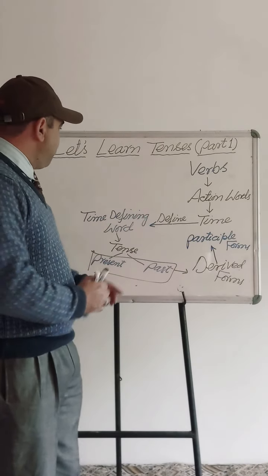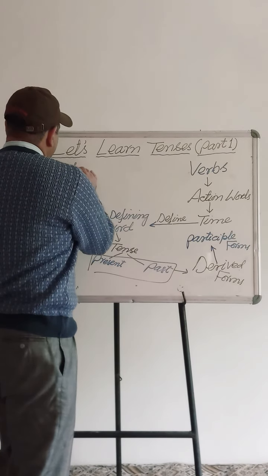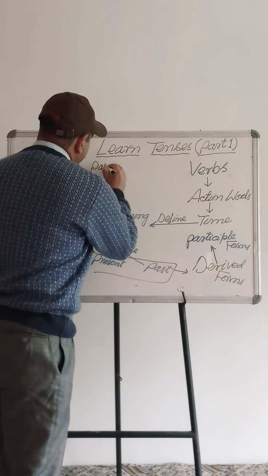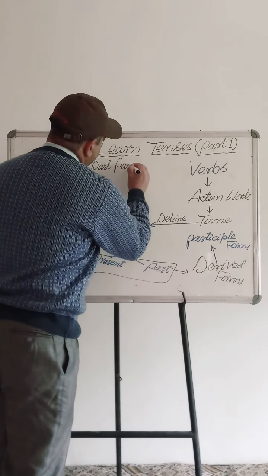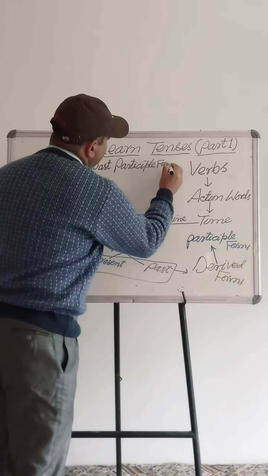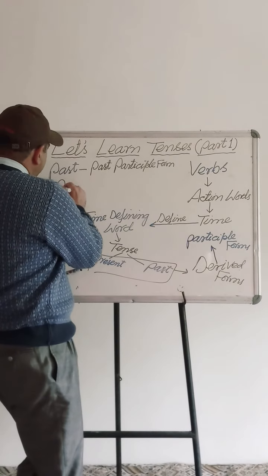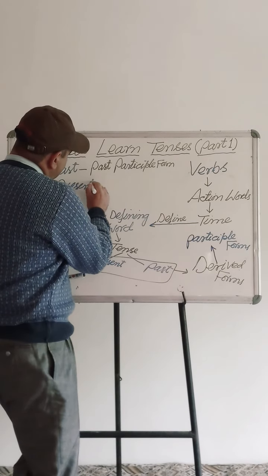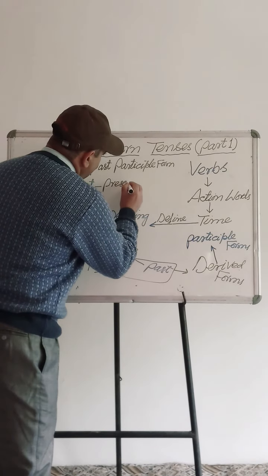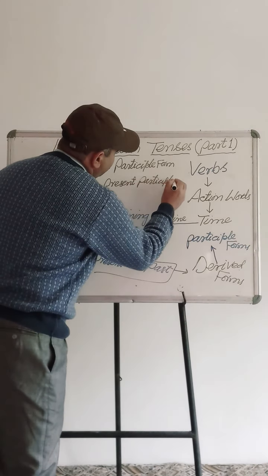The form which gets derived from past is called the past participle form, and the one which gets derived from present is called the present participle form.